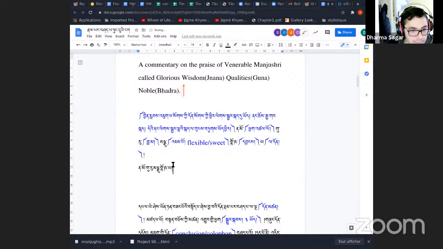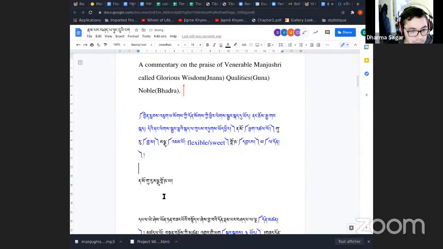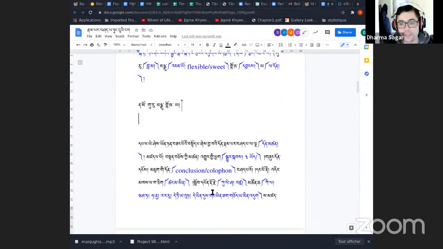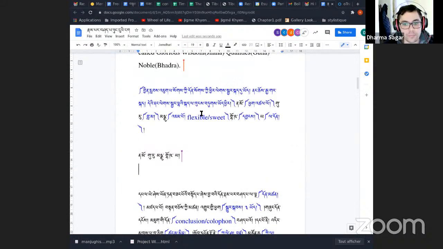So here is just the praise in Sanskrit, the beginning of the text. Namo Guru Manjughoshaya. It just reads the way it is in Sanskrit, so there's not really any translation that I can do. But then I can give you the explanation of the Khenpo.